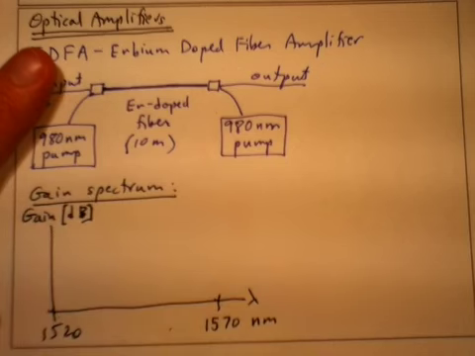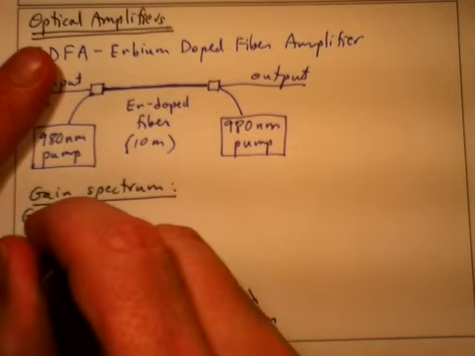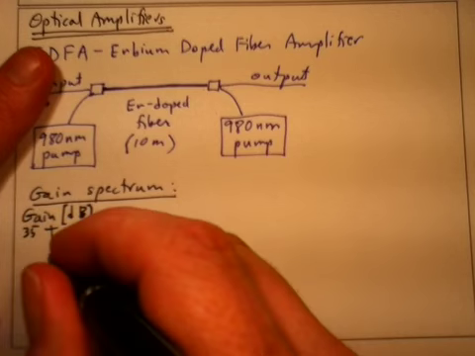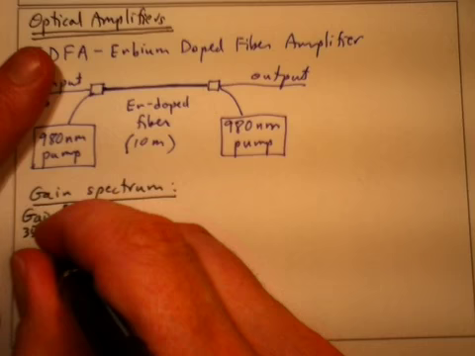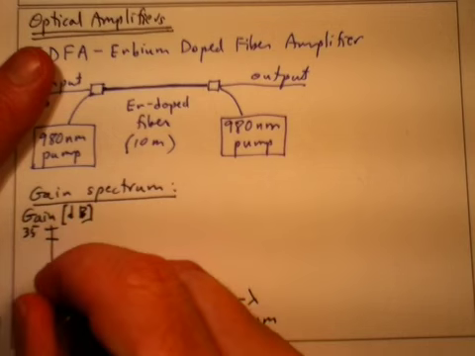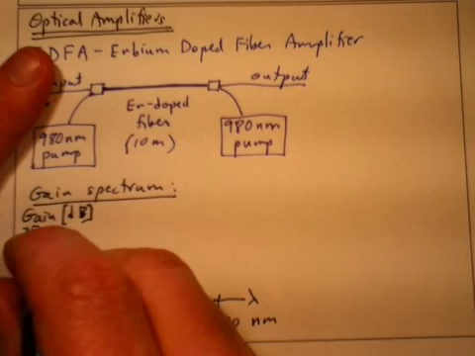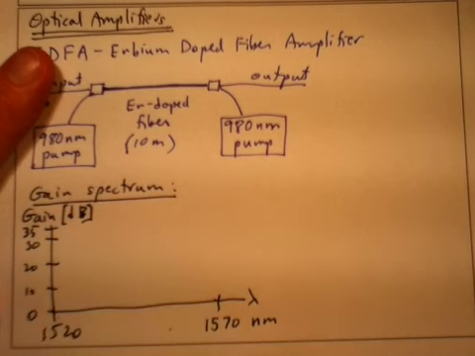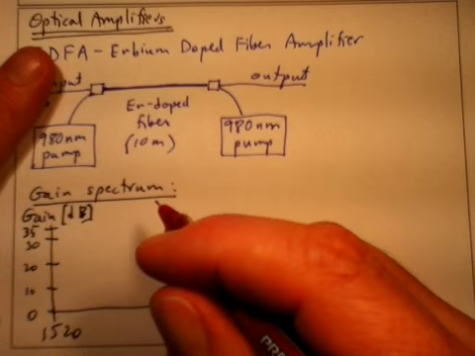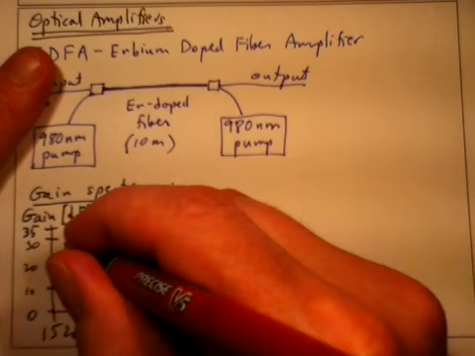Okay, I can get the highest gain. Let's go up to 35 and start at 0, so maybe this is 30, 20, 10. Okay, and the gain curve for the EDFA looks something like this.